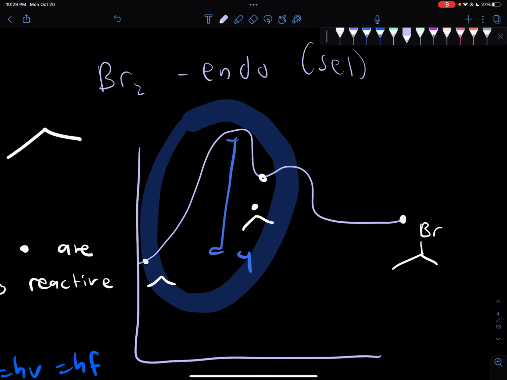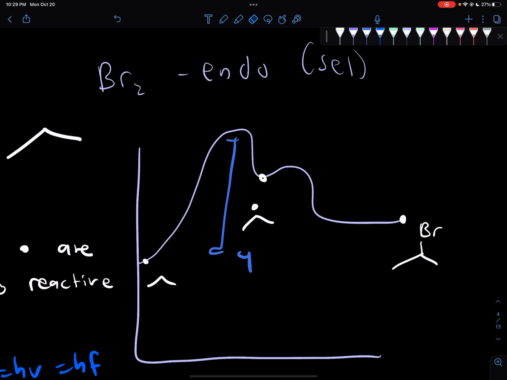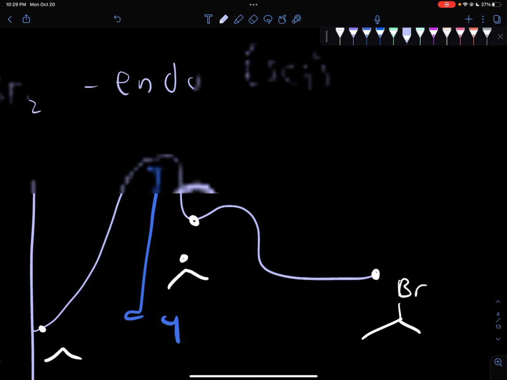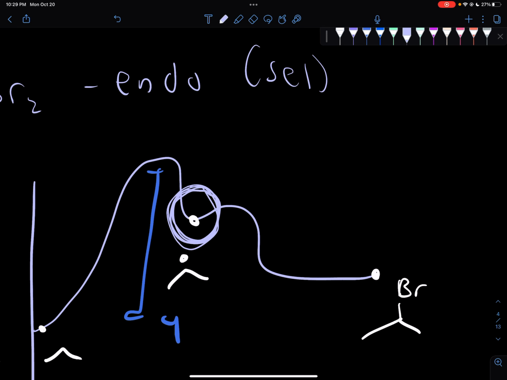It's a 2-step reaction, but the first step has a higher activation energy, so the rate is solely determined by the formation of this, which is your intermediate. And that means if you go with endothermic, the stability of your intermediate will determine your final product.